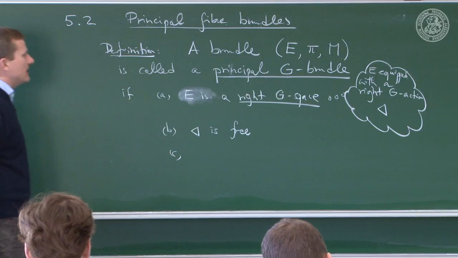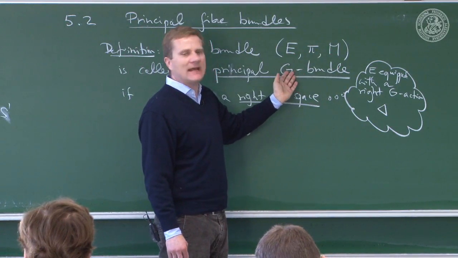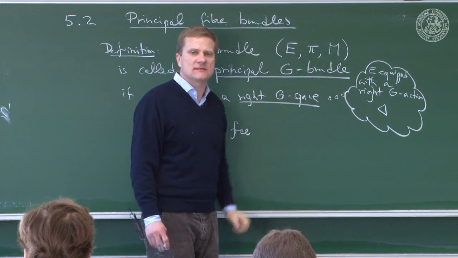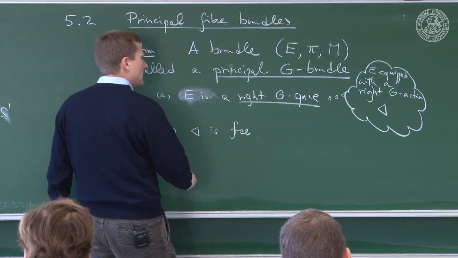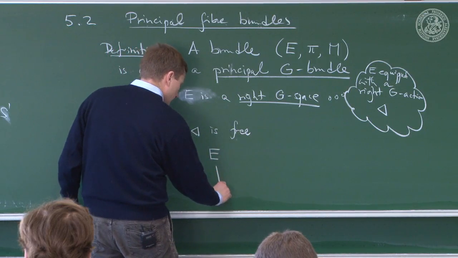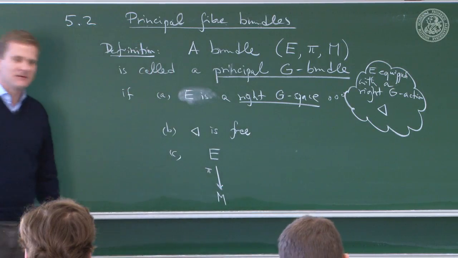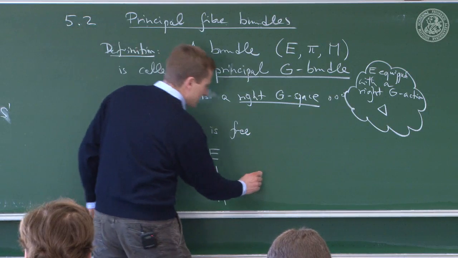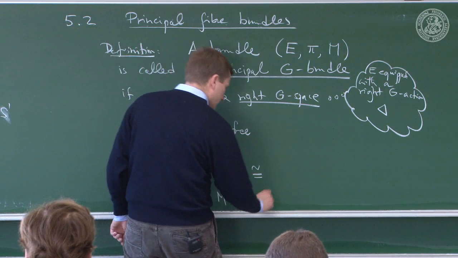And now I need to say, okay, I have a bundle E, pi, M. There is no sight of any G anywhere. So when do I call such a bundle a principal G bundle? I call it a principal G bundle if E, pi, M, which is another symbol for the bundle, is as a bundle isomorphic.